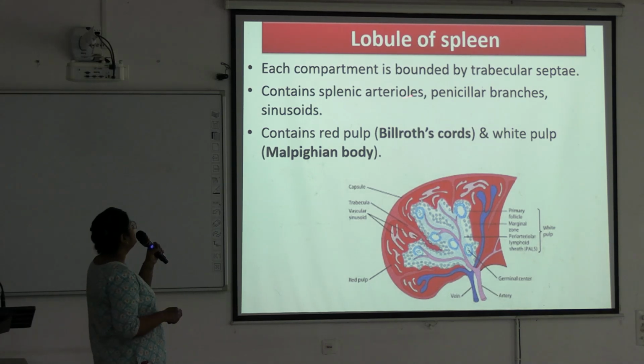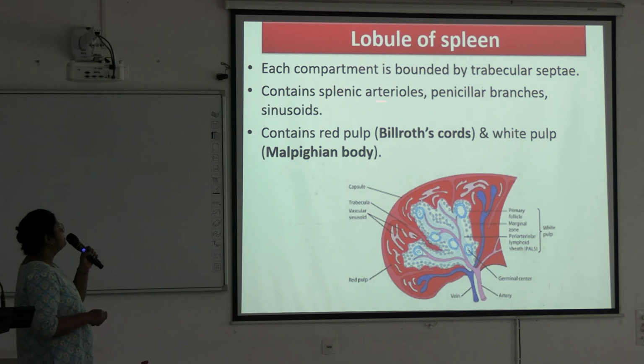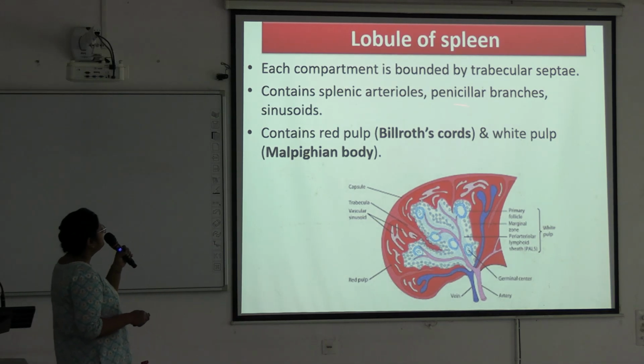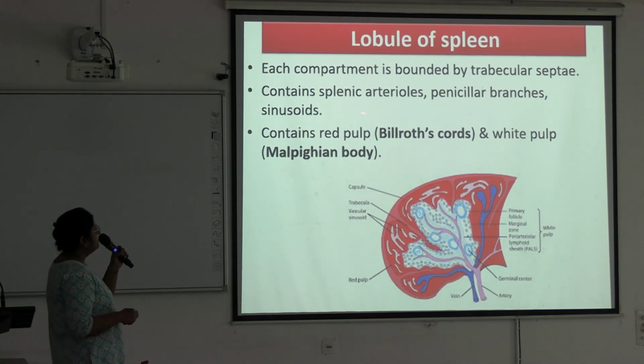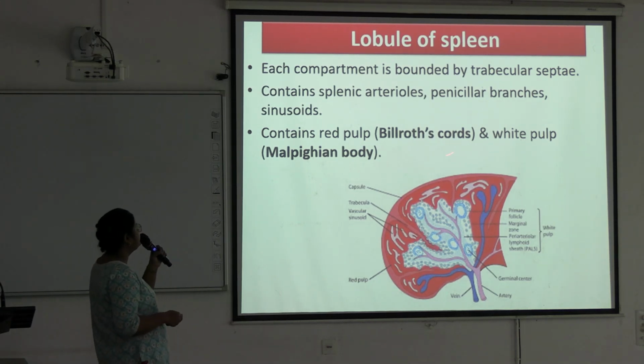This lobule of spleen contains splenic arterioles, penicillar branches and sinusoids. See this blue one, these are the germinal centers, these are the arterioles, these are venules, and here are the sinusoids. And they contain red pulp.